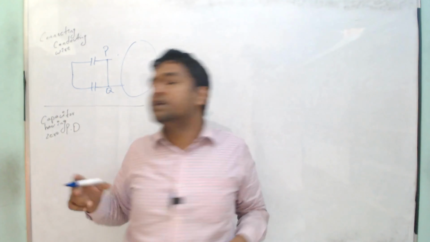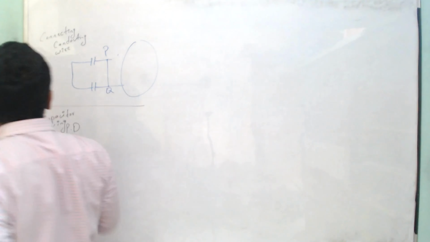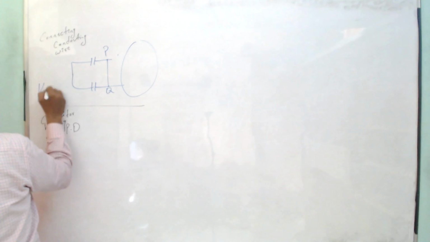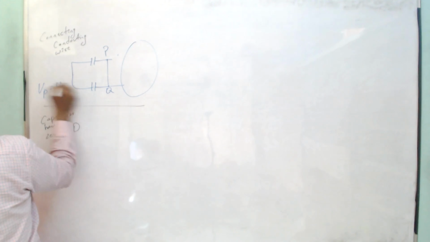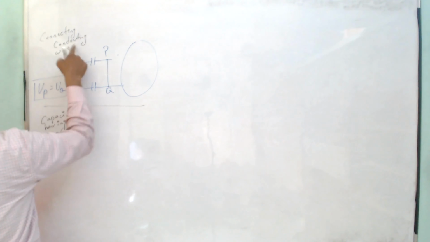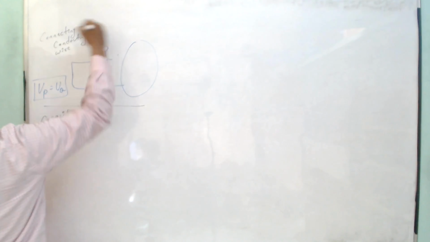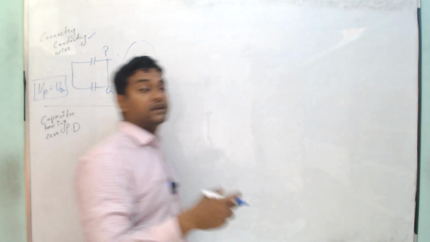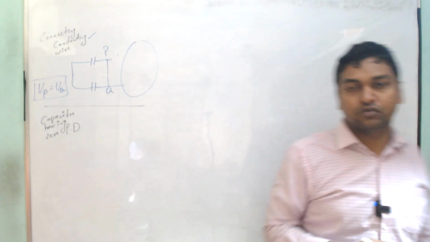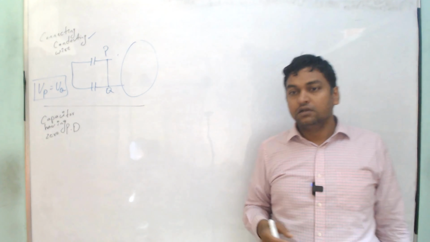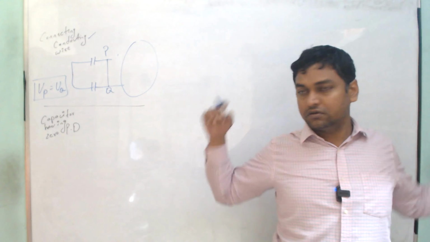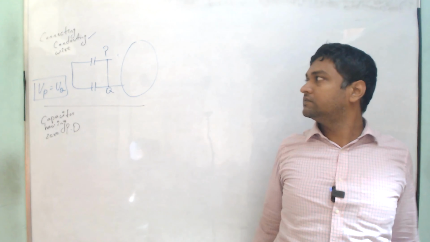To make Vp equal to Vq, right? Here, I am not making Vp equal to Vq. I am connecting by a conducting wire, and that conducting wire is making Vp equal to Vq. But then if the capacitance is same, then only we can get it.